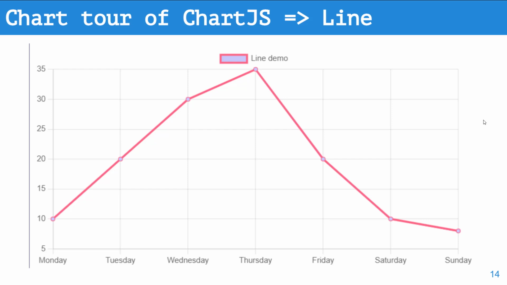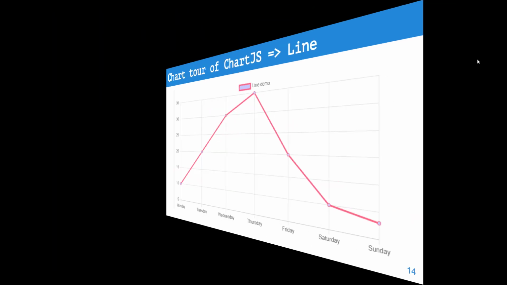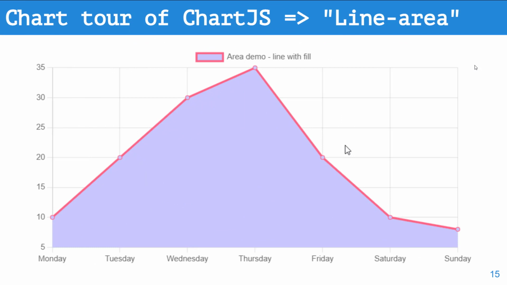When you go into the documentation, they go area charts, and then they immediately go, well, the line has a fill option, and they go, the radar is like area. So there really isn't a chart called area, in all honesty, but you can turn on the fill option on a line chart. And here I'm filling all the way down to the origin. There's lots of options there about how you want to fill as well.